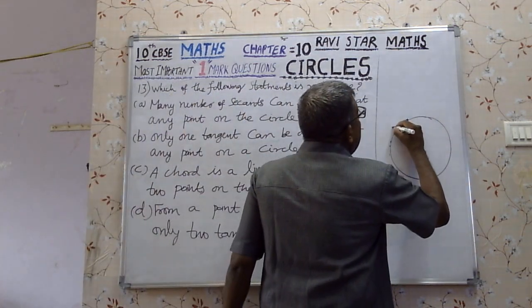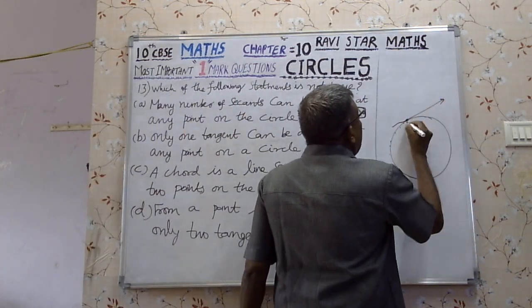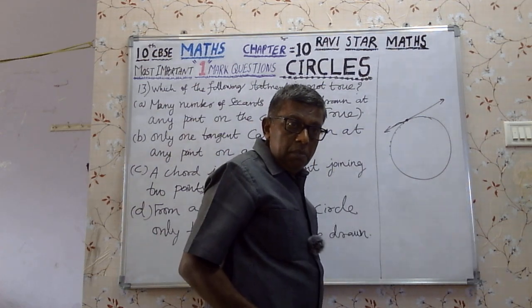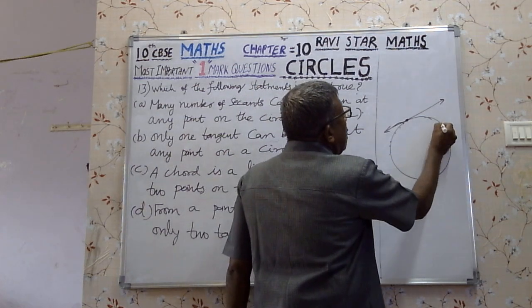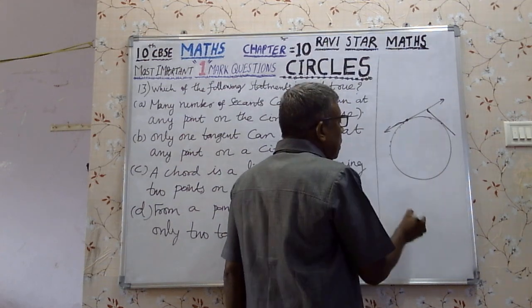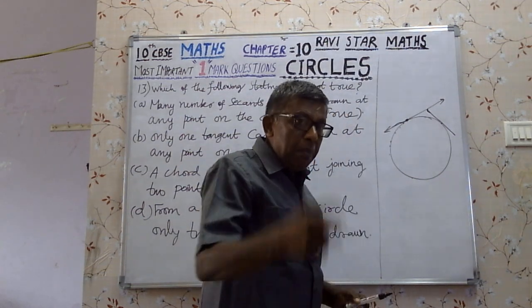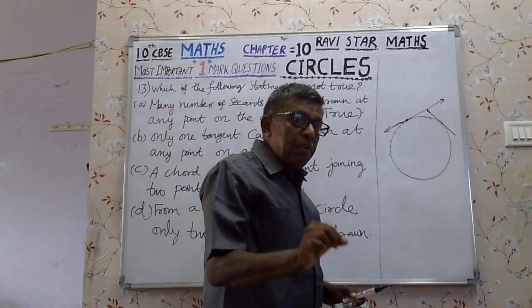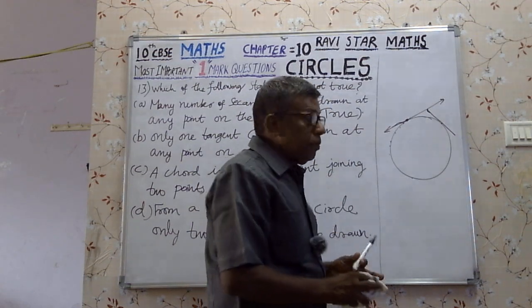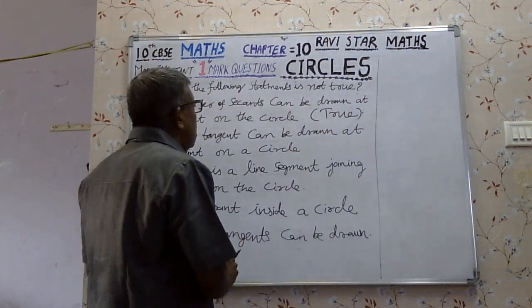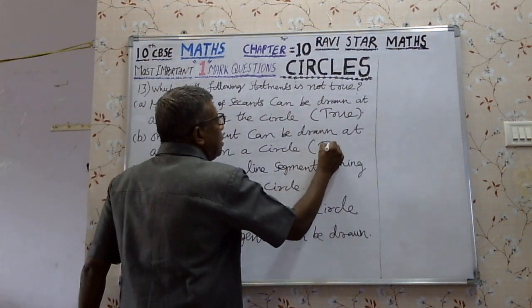If we take this point, we can draw only one tangent. If we take a point here, only one tangent. The points are many, but at each point we can draw only one tangent. Therefore, this is also a true statement.